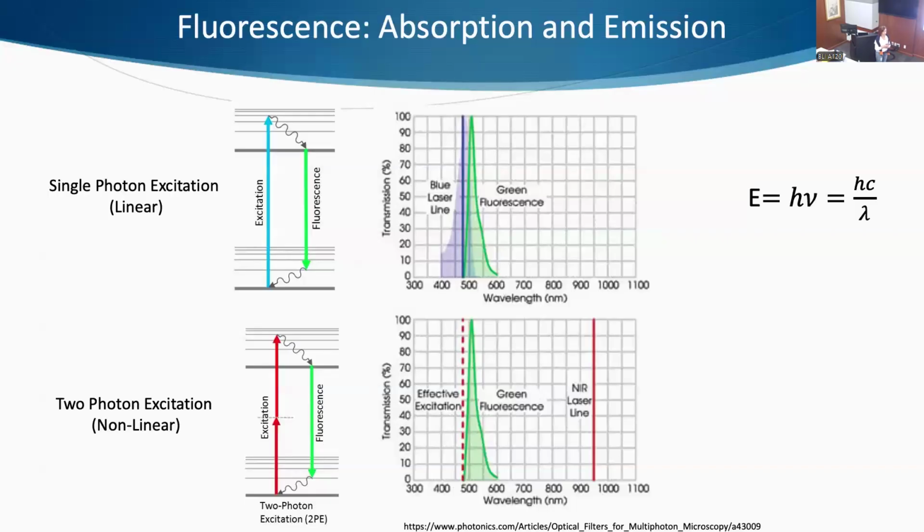Reconnect to the lecture I gave yesterday. I chatted about how, typically, when you use wavelengths or energies in the blue to green to yellow, you're really exciting electronic energy states. But as you get to the red and near infrared, for most molecules, you only have enough energy to populate vibrational states.